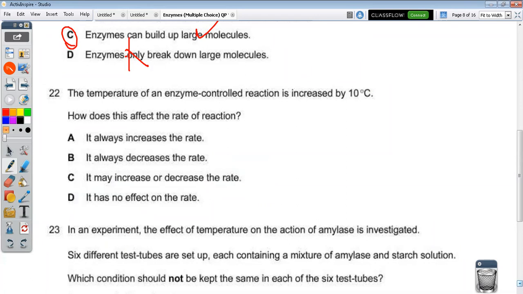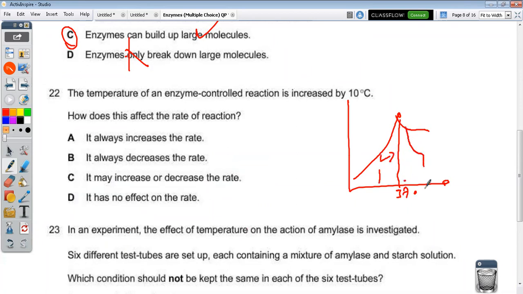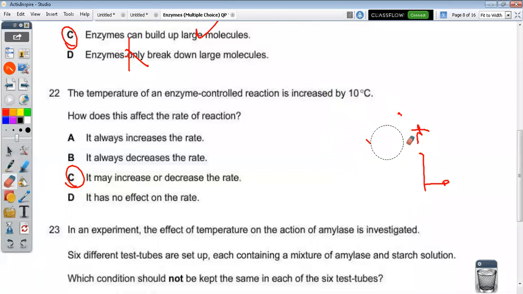If I have a graph for human digestion, say 37 like this, let's say 30, 37 degrees here. If the temperature was before, it will increase the reaction. If it was after, it slows down the reaction. Okay, clear? So it can increase or decrease because we don't know whether it's before the best temperature, which is the optimum temperature, or after. It can slow down or it can increase the rate.